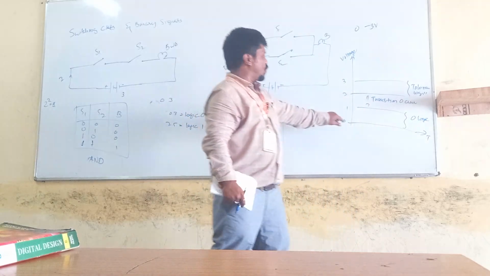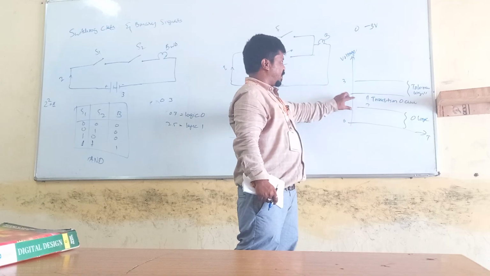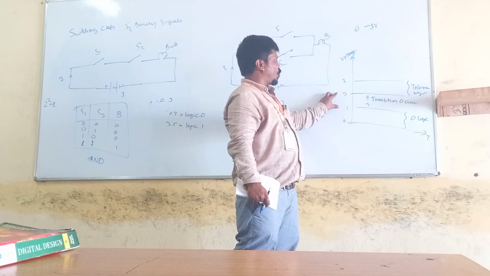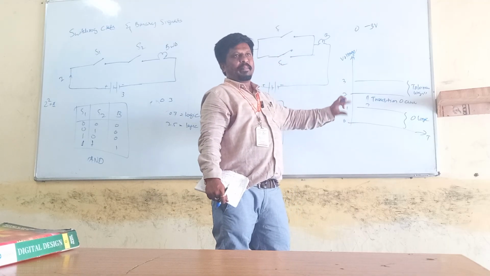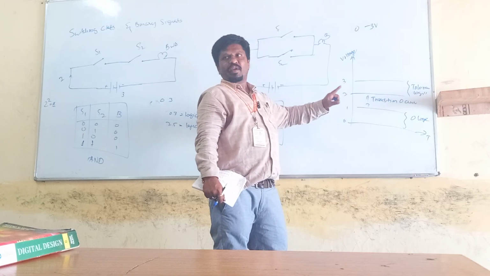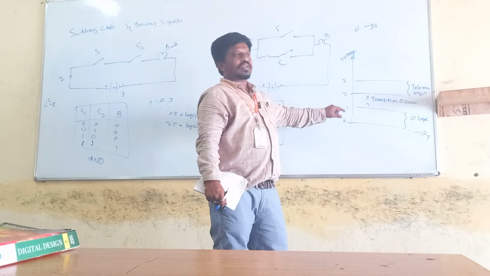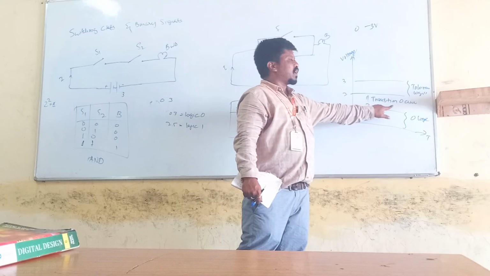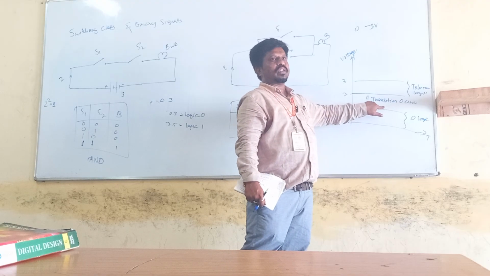If I have the 0 to 1 limit and also the 2 to 3 limit, then 1 to 2 is considered the transition happening, either switching from 0 to 1 or 1 to 0. That tolerance is considered the transition period.